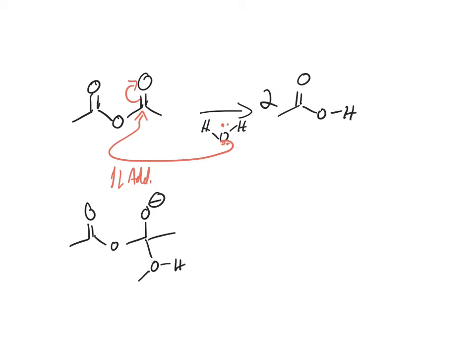Make a tetrahedral intermediate. Notice here, what's our best leaving group? The best leaving group is the thing we just added. So we're going to need to do a proton transfer. I'll draw the arrows in this time.